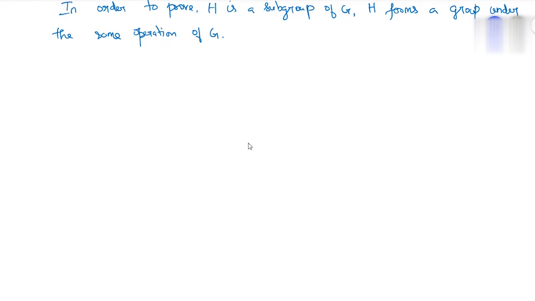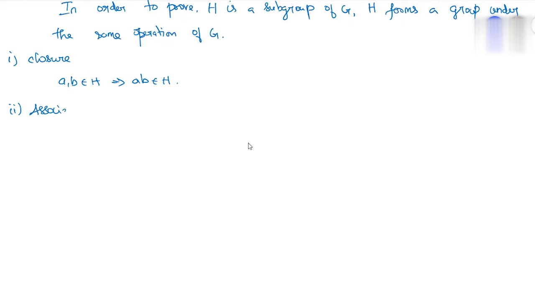Now, first, closure. The closure property is A, B belongs to H implies AB belongs to H, and we assumed that H satisfies the closure property. Therefore, closure is satisfied. Second one, associative.